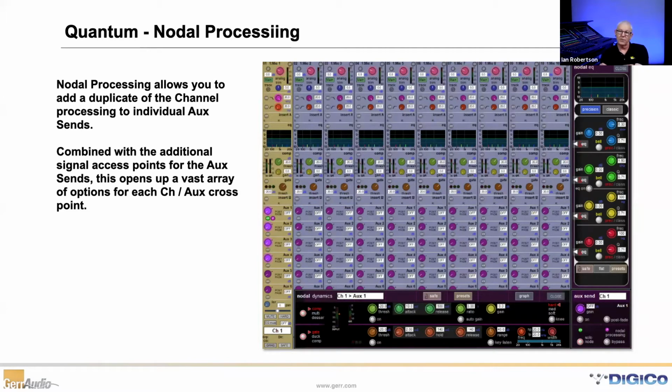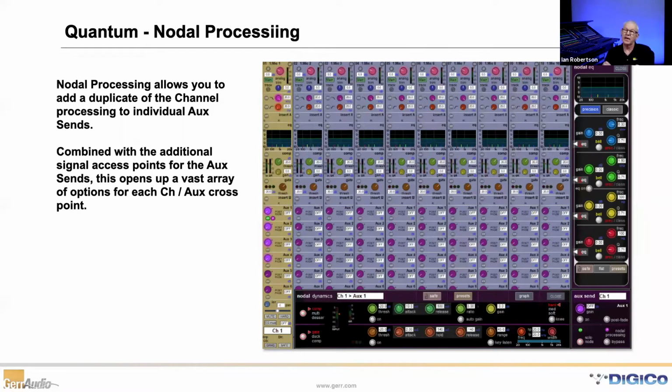So combined with the earlier pickoff points that you can take from the channel, you could drive an aux, say, from the pre-EQ of the channel. So that leaves the channel EQ just for the front of house, and then you can EQ and compress or do whatever you need to do to the signal going to the aux completely separately from what you're doing for front of house.